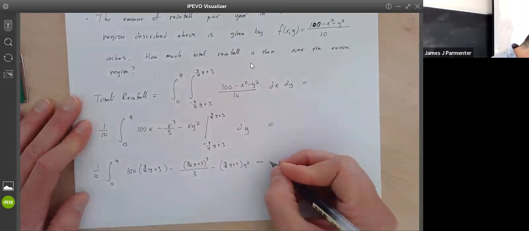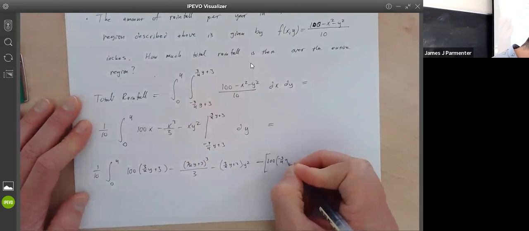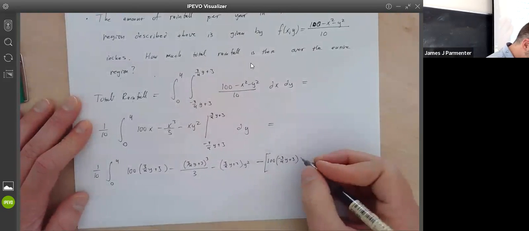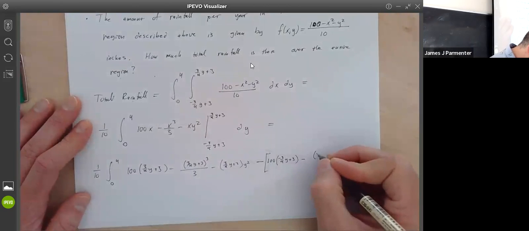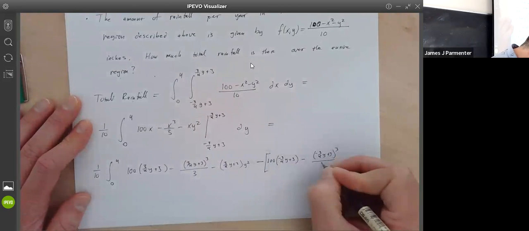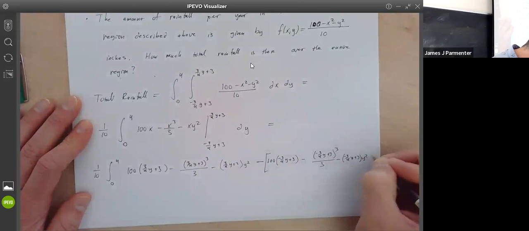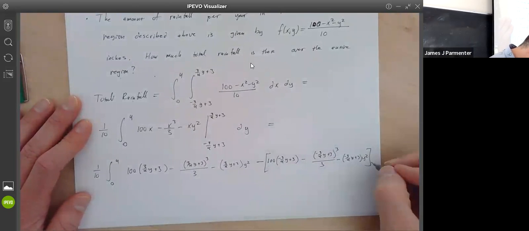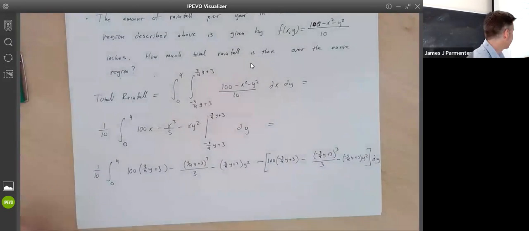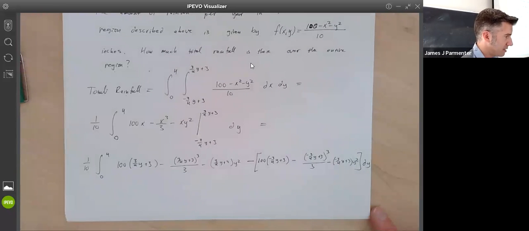So minus 100 times negative 3/4 y plus 3, and then minus negative 3/4 y plus 3 cubed over 3 minus negative 3/4 y plus 3 times y squared. Clearly not very nice.